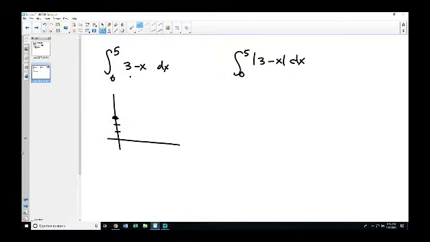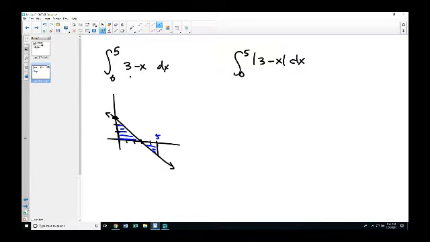And the slope? Negative 1. You have 0 to 5, right? Yep. Good? You graph a line, and then you just put boundaries on it.